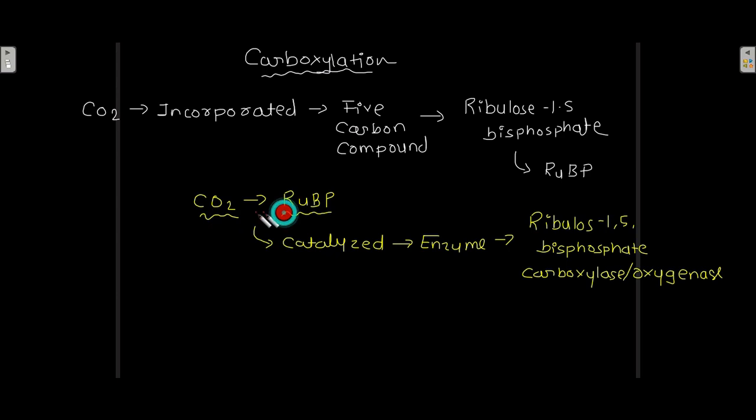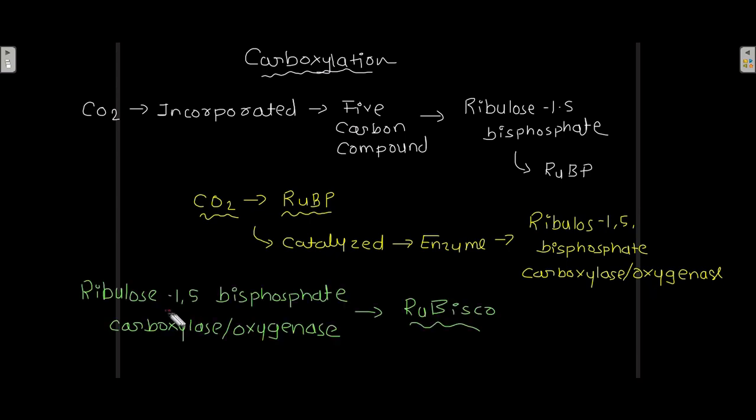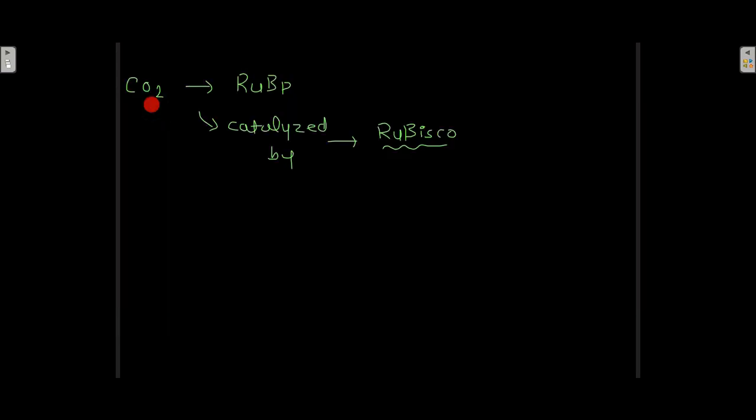This incorporation is catalyzed by an enzyme known as ribulose 1,5-bisphosphate carboxylase or oxygenase, abbreviated as RuBisco. So carbon dioxide is incorporated into RuBP, and this reaction is catalyzed by RuBisco.